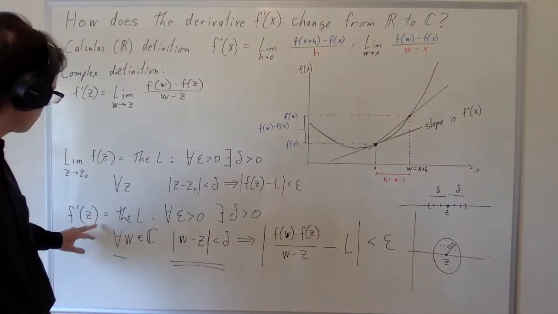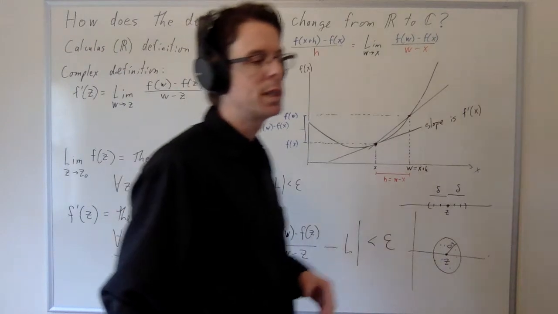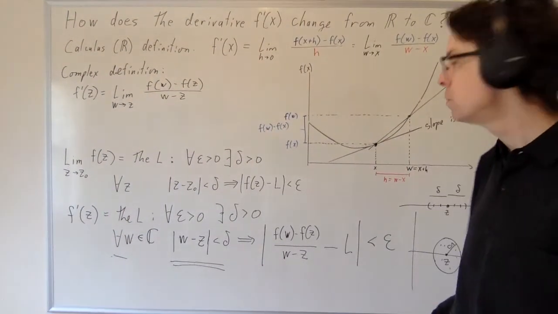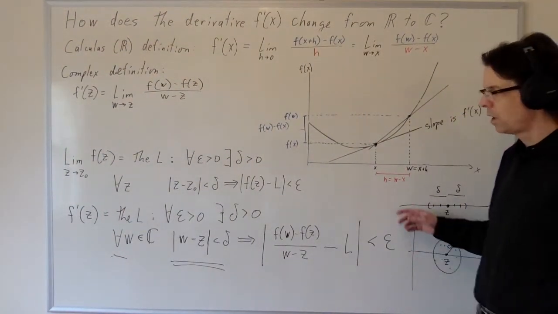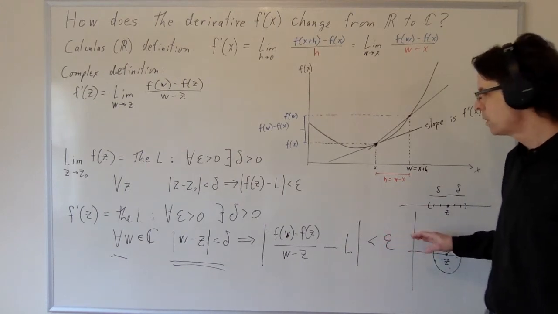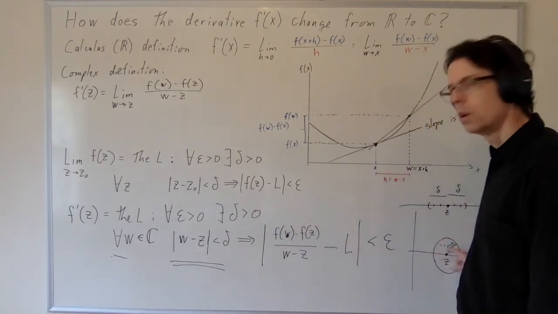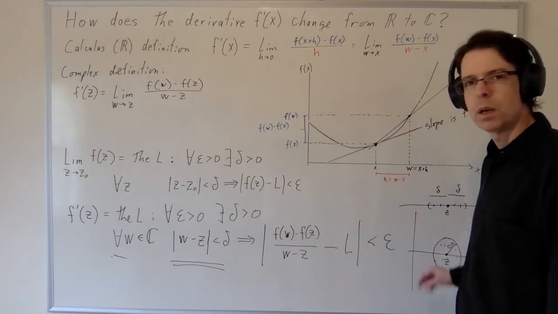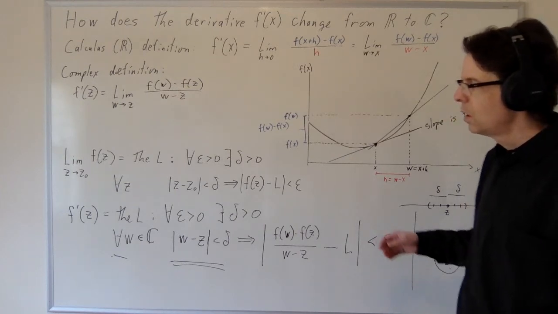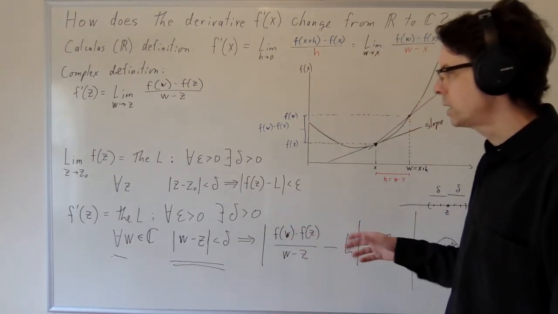And that means that for the derivative of a complex function to exist is actually a much bigger deal than for the derivative of a real valued function to exist, because this limit is a stronger condition on many more W's here. What does this mean for us in practical terms?